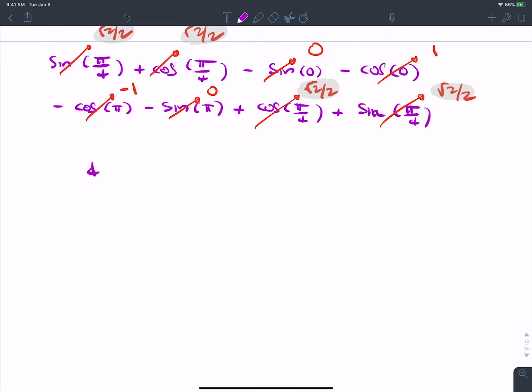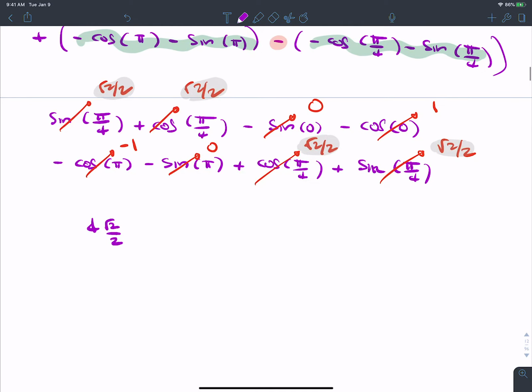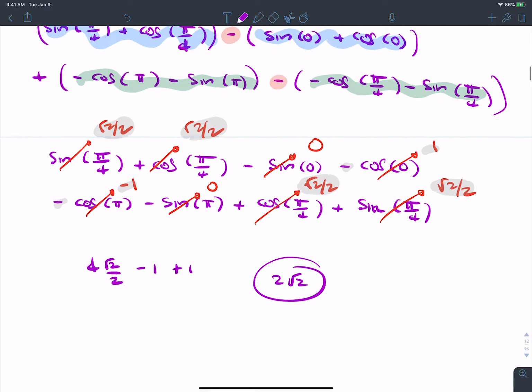I got 4 square root of 2 over 2's. Minus 1 plus 1. And I think that's it. Is that right? Okay, because I actually have this minus 1 here, and a minus makes that a plus. So final answer is going to be really 2 what? 2 square root of 2.